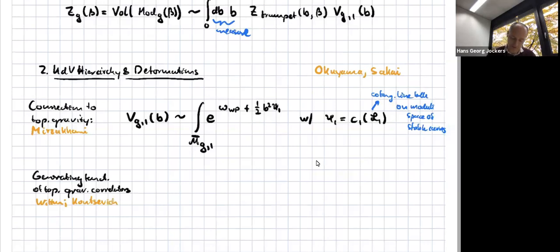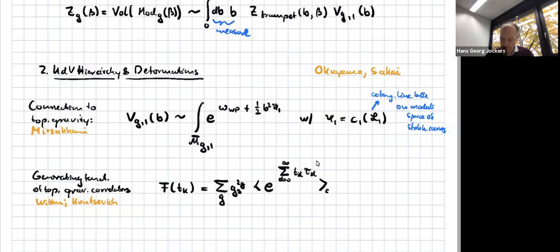So this generating function depends on some parameters t_k. And what is it? Well, it's the generating function where we sum over all genera. And then we have here this horrendous sum of correlators of tau_d, at some genus g. So there's a formal variable taking into account the genera.